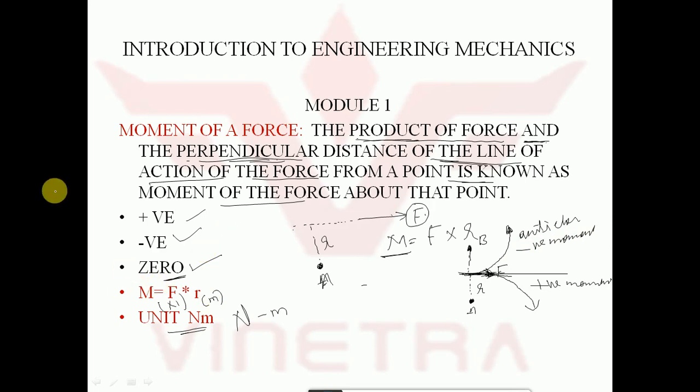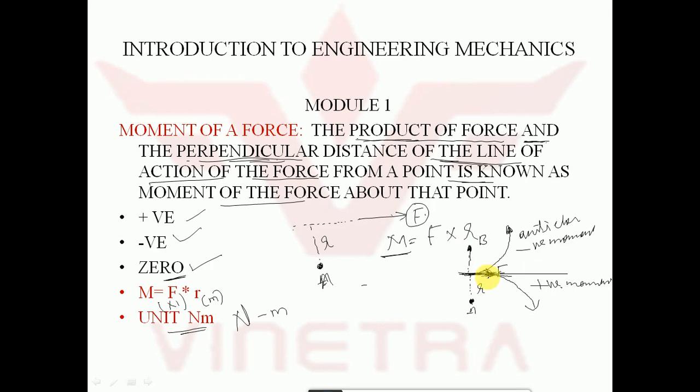Moment of force is defined as the product of a force and the perpendicular distance of the line of action of the force from the point, known as the moment of the force about that point. About A, this is the moment of force and it is acting in clockwise direction and it is taken as a positive moment.